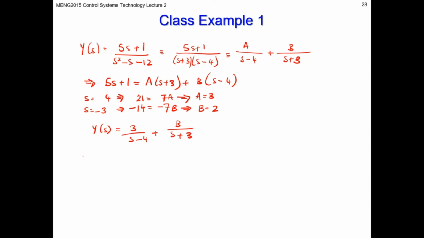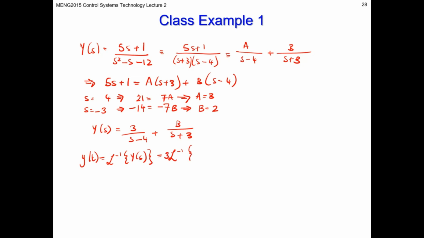If we now want to get y of t, which is the inverse Laplace transform of Y of s, it's going to be the inverse Laplace transform.